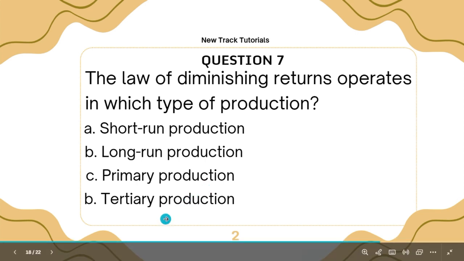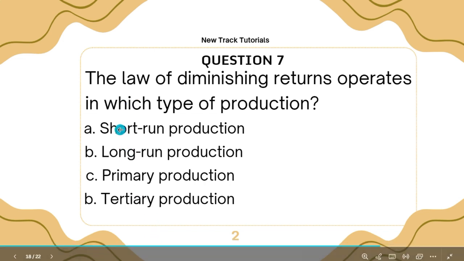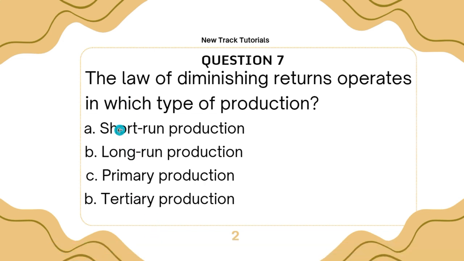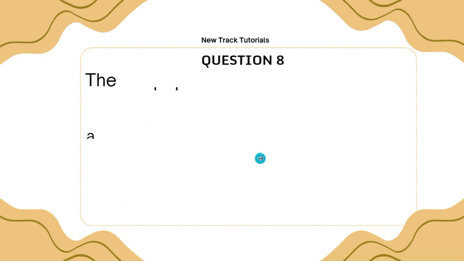It is a concept in economics that helps businesses understand how to maximize their output. So short run production is a kind of production that operates with the law of diminishing what? Returns.